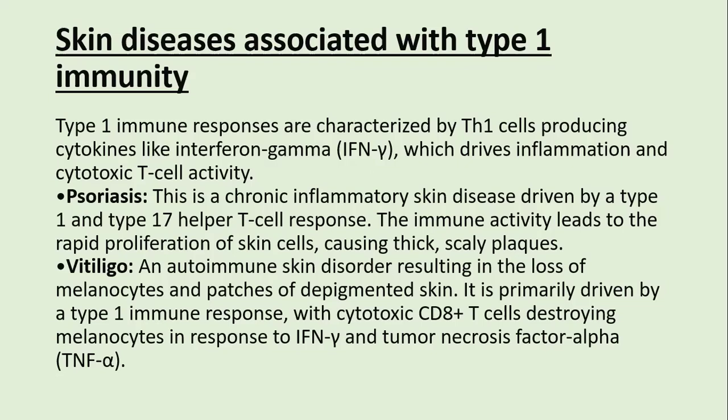The second condition which is associated with type 1 immunity is vitiligo. It's an autoimmune skin disease resulting in loss of melanocytes and patches of depigmentation. It is a T1 driven immune response with cytotoxic CD8 positive T cells, which destroy the melanocytes in response to the cytokines interferon gamma and tumor necrosis factor alpha.